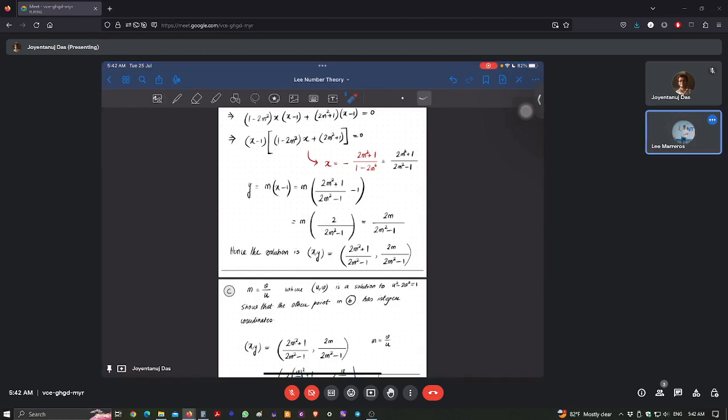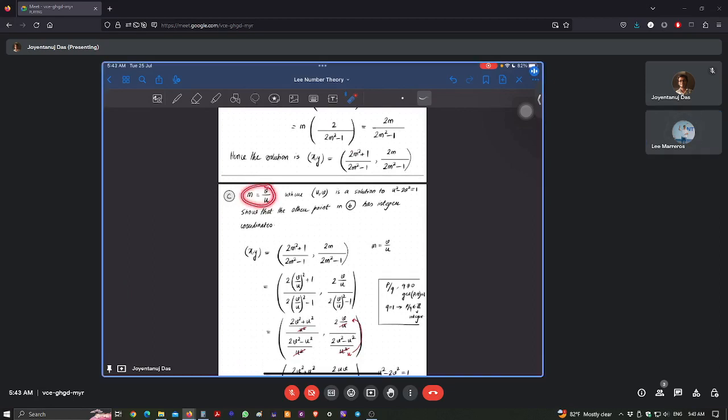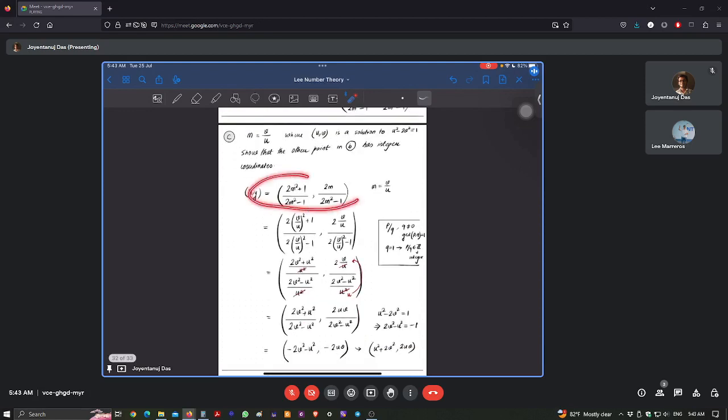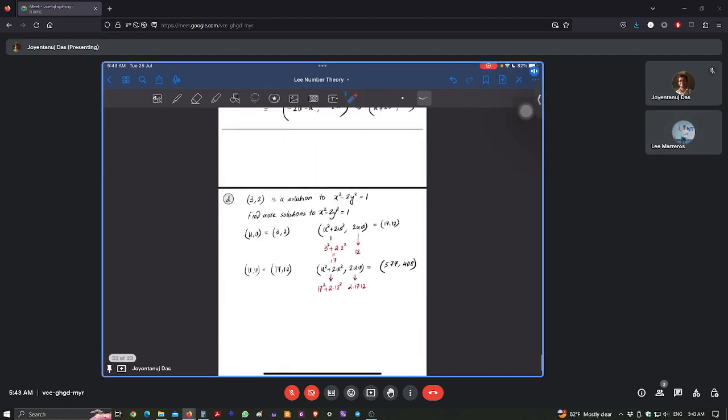Now if I take m equals u by v, where uv is a solution to this equation, since m is a rational number, I know that m satisfies this form. Once I put it into this form, I get u square plus 2v square comma 2uv, right? That you can easily verify from here.